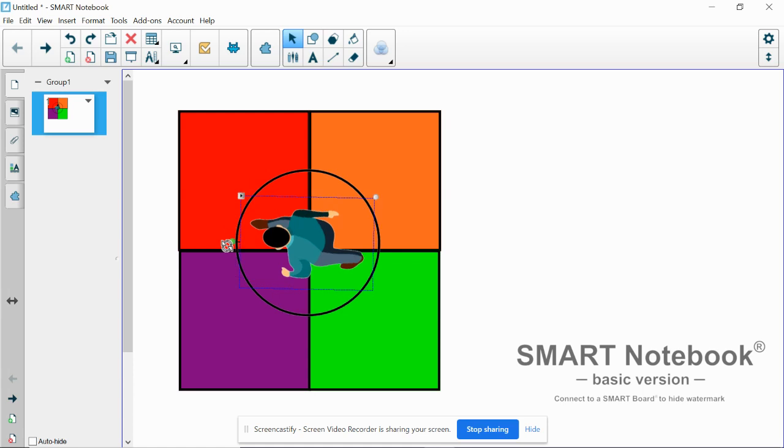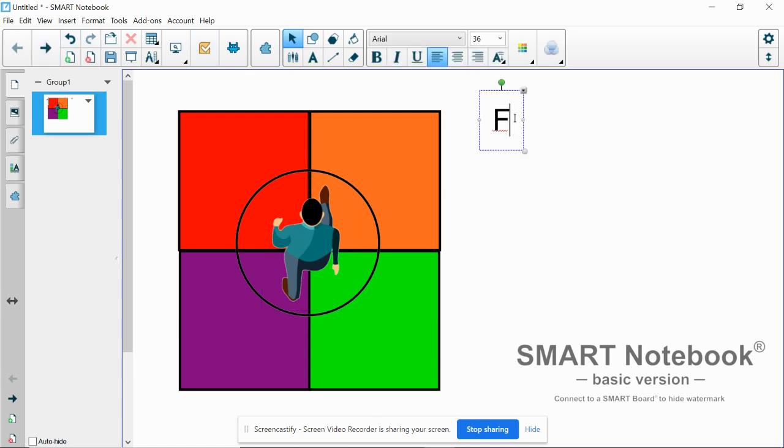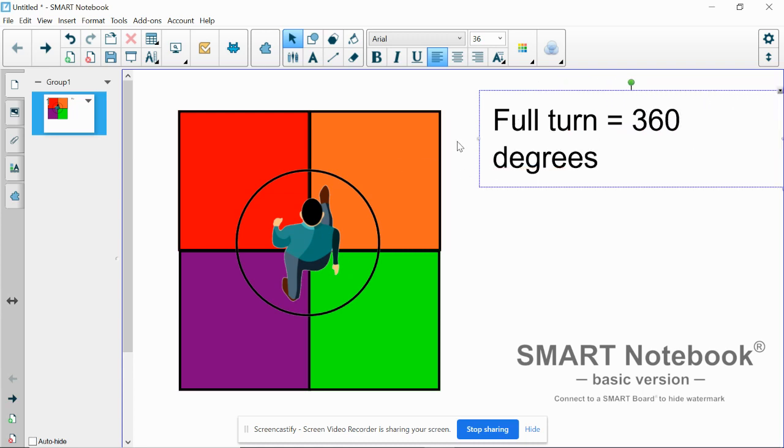So if a full turn is 360 degrees, let's just write that here. Full turn equals 360 degrees.